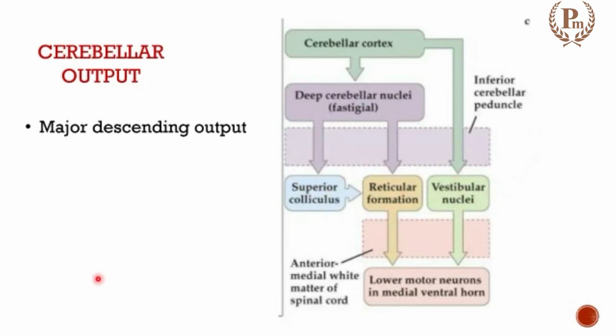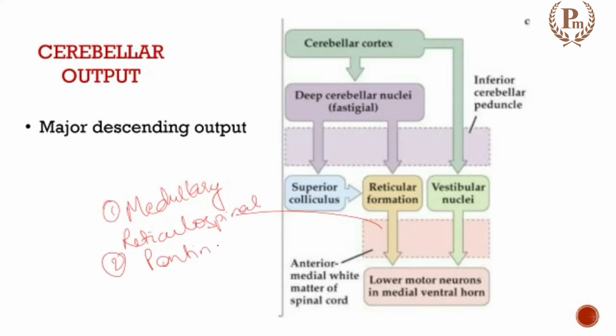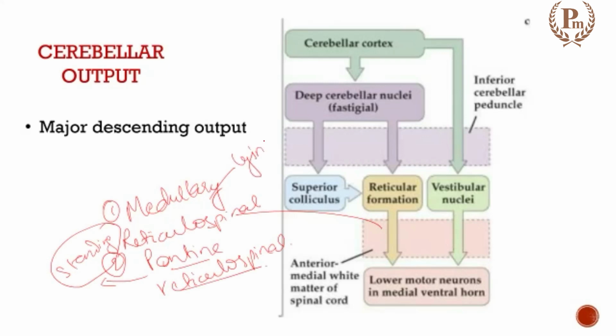Next, reticular formation. It is connected to the spinal cord through the reticulospinal tract. If you remember, we talked about two reticulospinal tracts, and they were pontine and medullary. If you can tell me the functions: pontine is involved in standing, and medullary is for lying down or sitting.